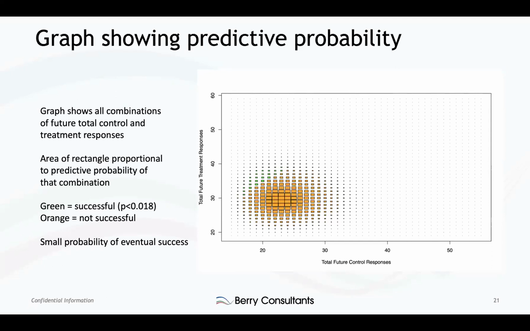I think this is what you're saying. I still want to avoid an ambiguous result that benefits no one. So if I know that I'm going to go to the end of the trial and end up with something that's not going to answer the question, then I do want to stop.